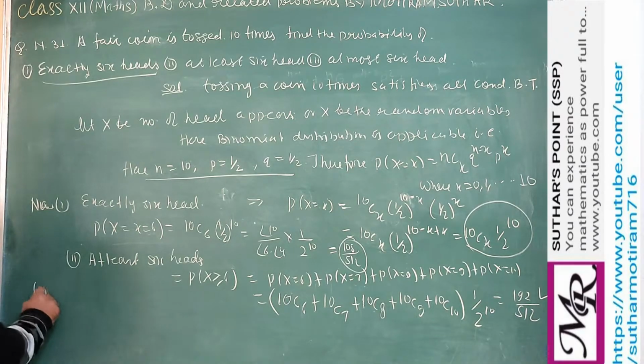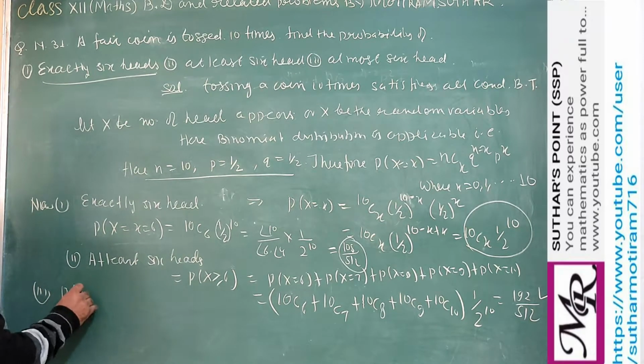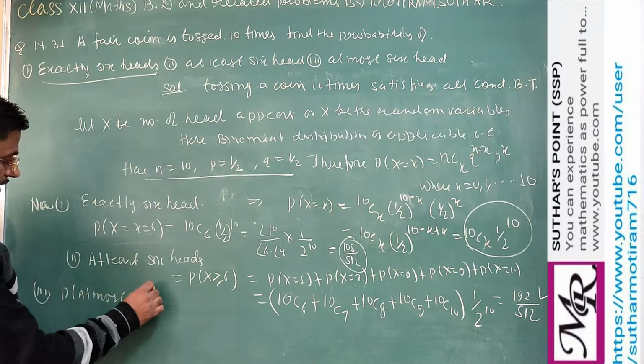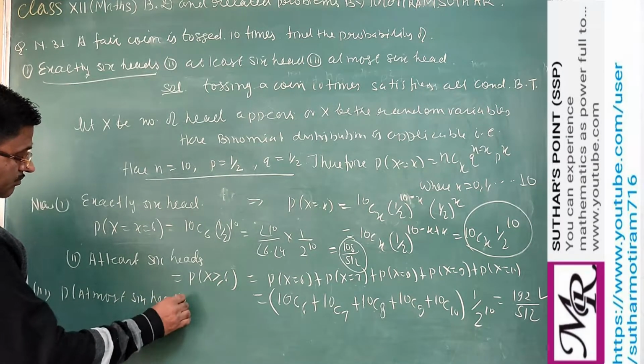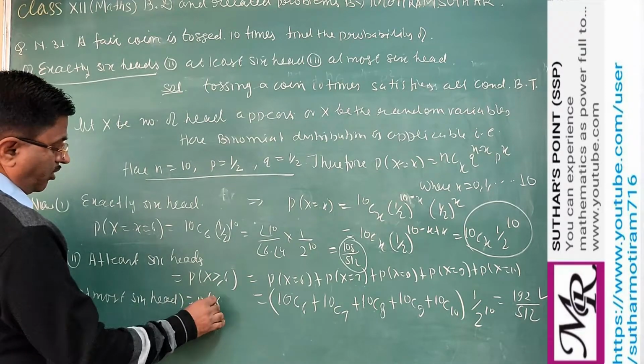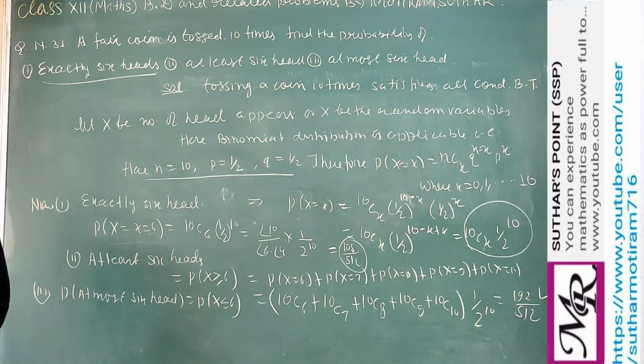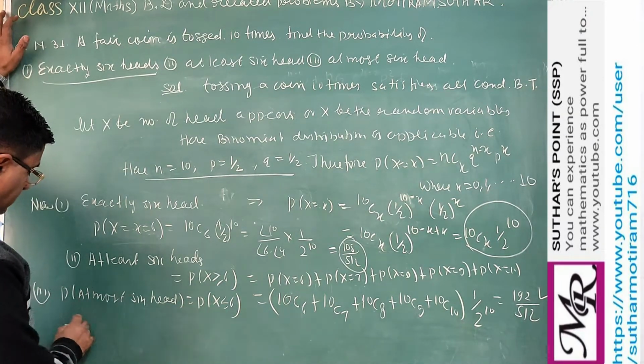The last part is probability of at most 6. At most 6, अधिक से अधिक 6. So P(X ≤ 6). So again you have to write, how?